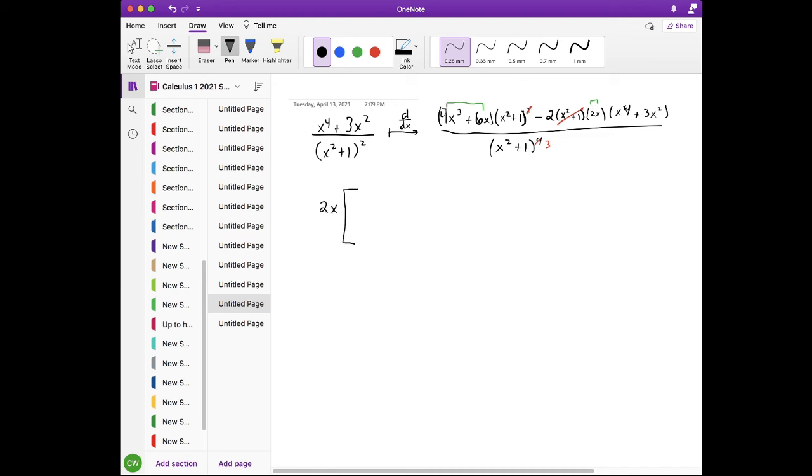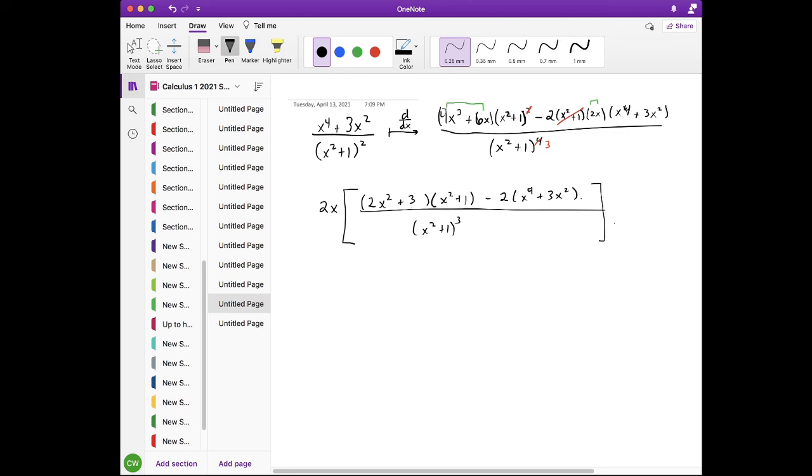So we have 2x times (2x squared plus 3)(x squared plus 1) minus 2 times (x to the fourth plus 3x squared). Oh, 3, yes, not 3x, thank you. It's all over x squared plus 1 cubed.